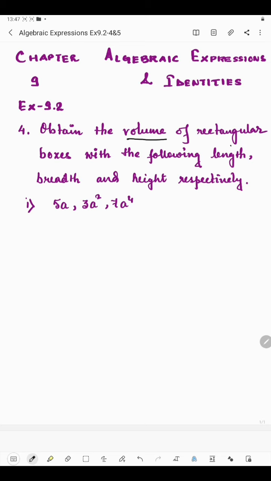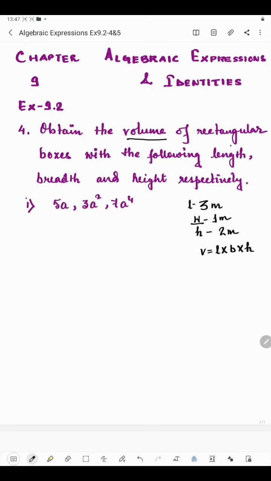Suppose a rectangular box has 3 meter in length, width 1 meter, and height 2 meter. Then to find the volume we need to multiply length into breadth into height.